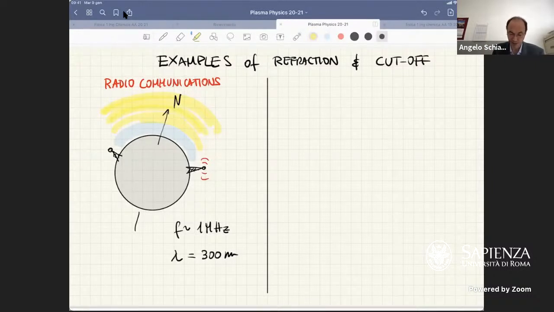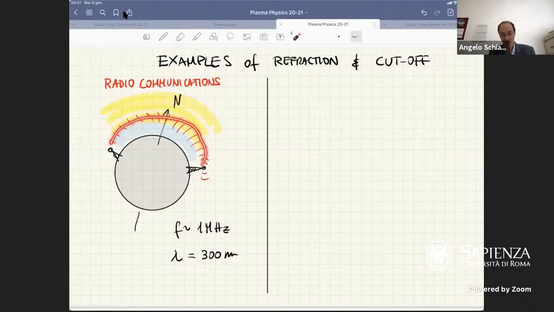And what is happening is that the propagation of light waves, these are wavefronts, is deflected by the ionosphere and can go around the Earth, being refracted and reaching the antenna on the opposite side of the Earth, because somehow the ionosphere acts as a wave guide and reflects, not back, but deflects, refracts actually.